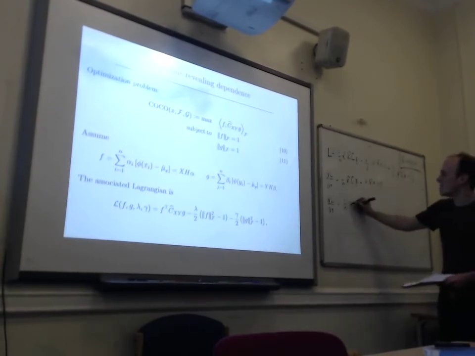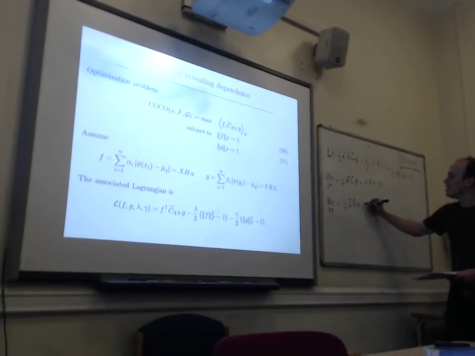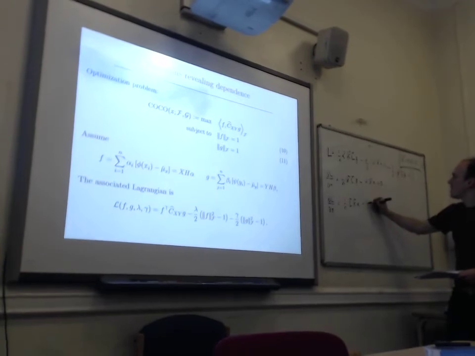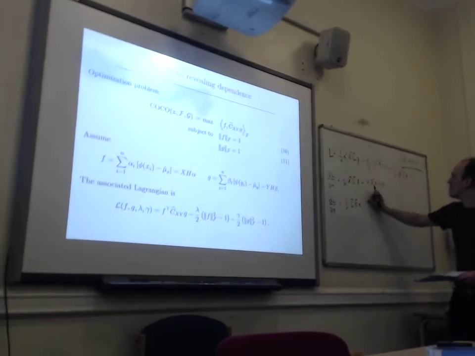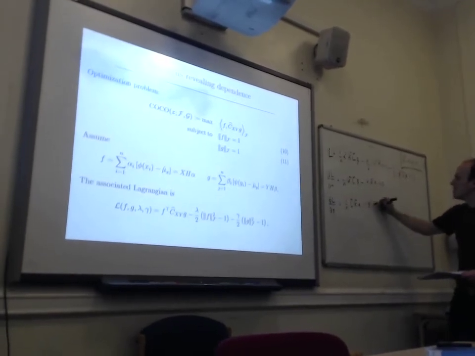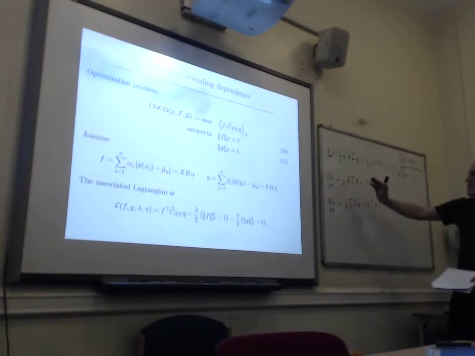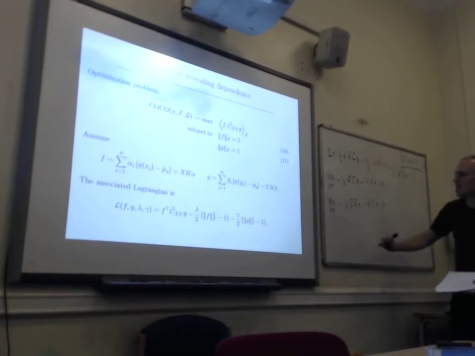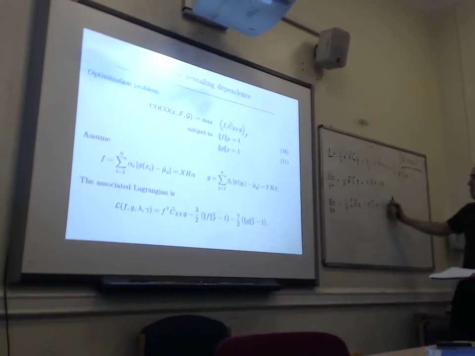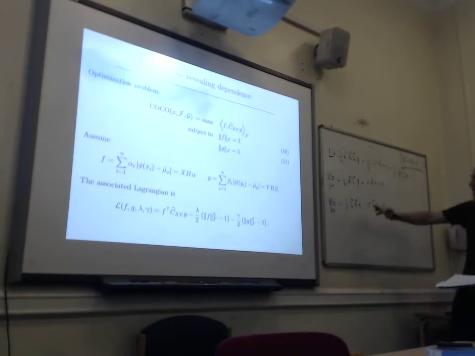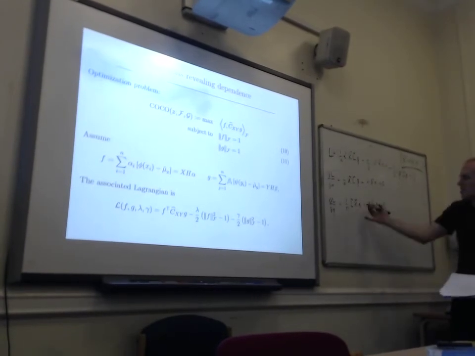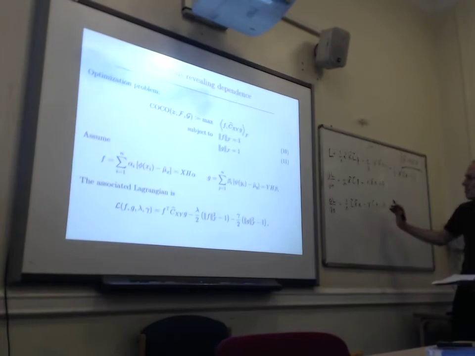So this is what I get: L K alpha minus gamma L beta is equal to 0. I've taken the derivative with respect to beta and this is equal to 0, but it's a row vector, so I've taken the transpose, which means the kernel is symmetric, but I swap the order because I've transposed it.